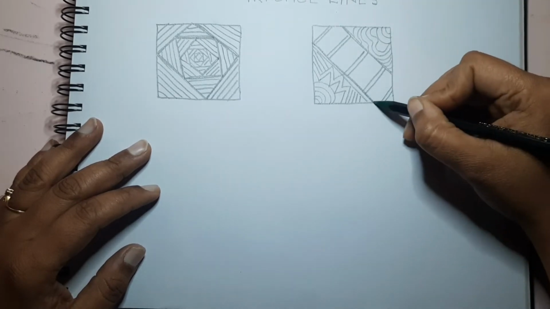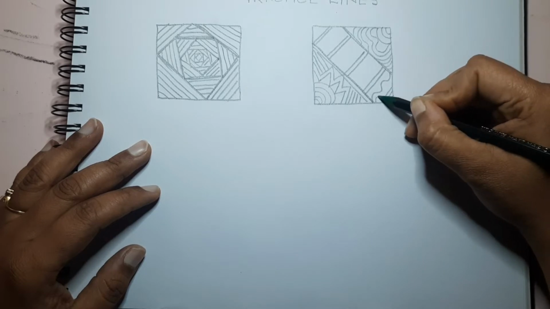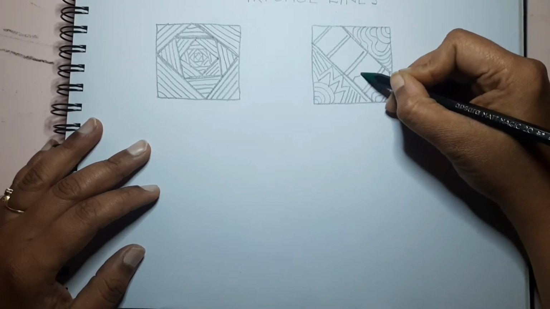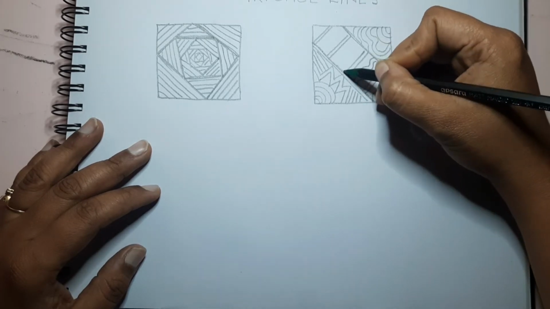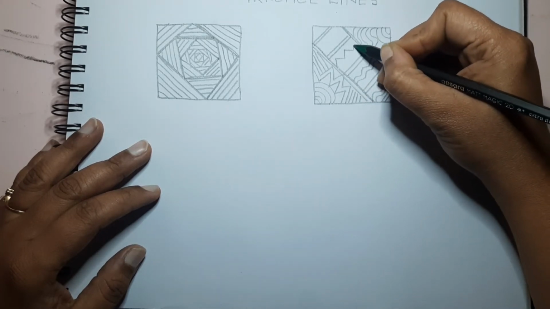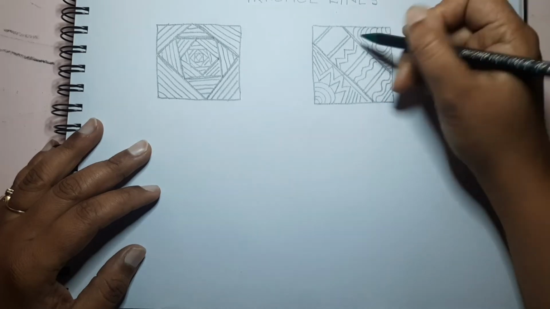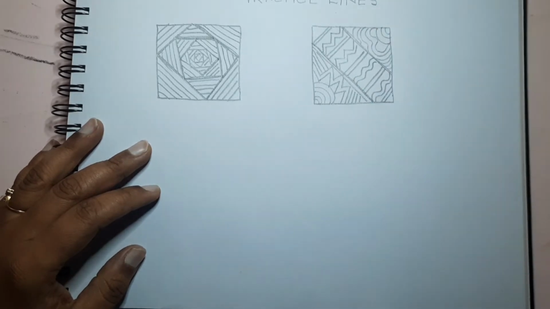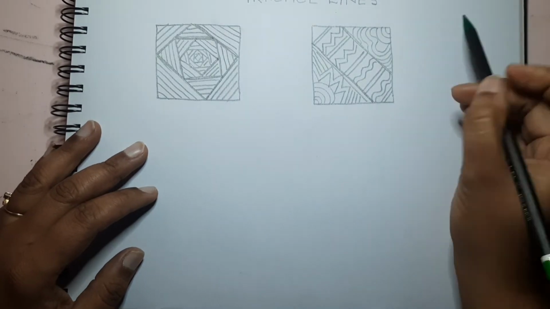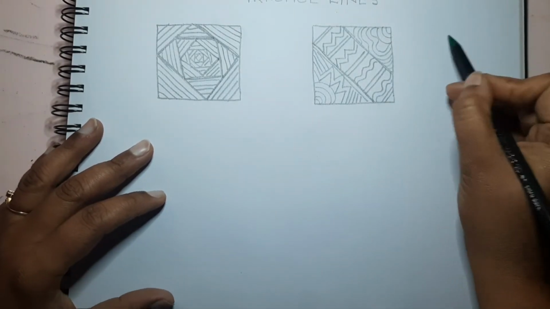Within the parts, I would be drawing a wavy pattern and a zigzag pattern. So that is our second pattern using lines.